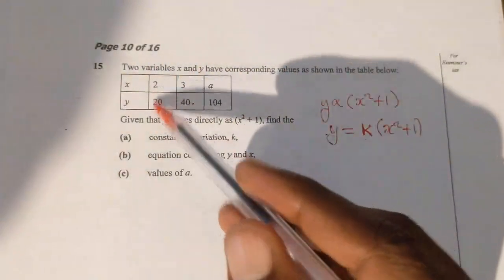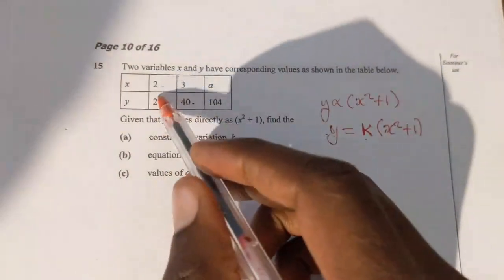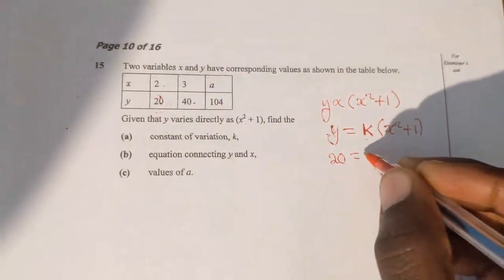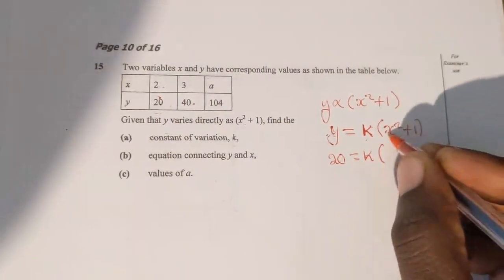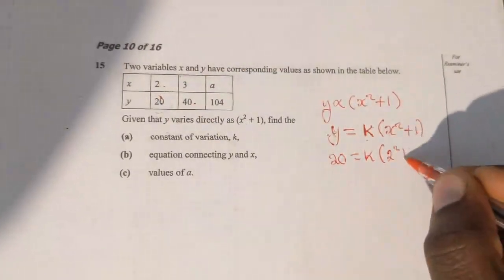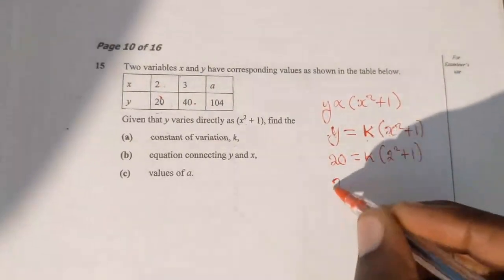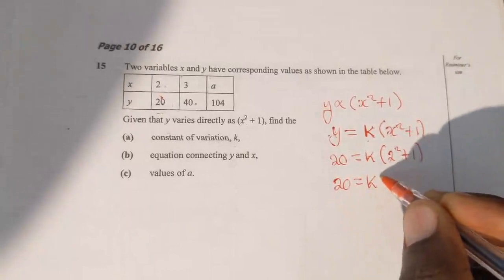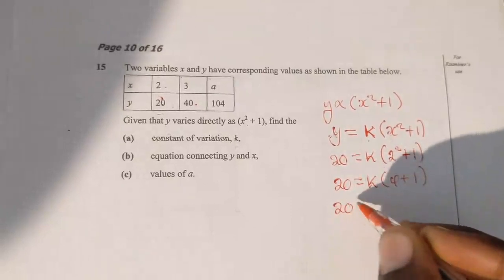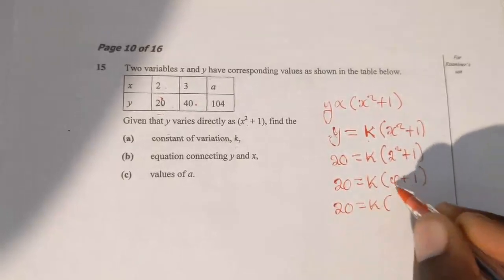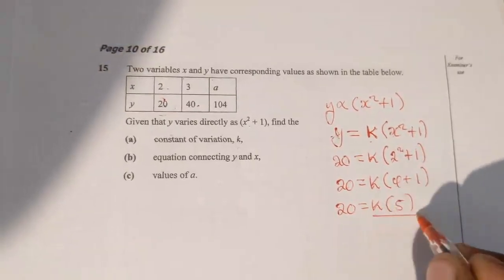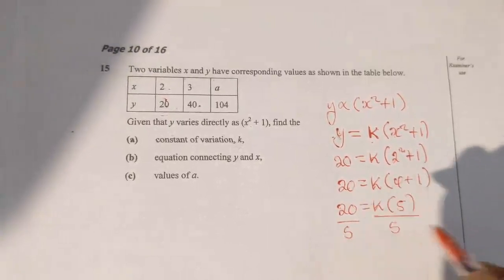The value of x is 2 and the value of y is 20, so you put 20 is equal to k multiplied by 2 squared plus 1. 2 squared is 4 plus 1, so 20 is equal to k multiplied by 5. You divide by 5 since you want the value of k.